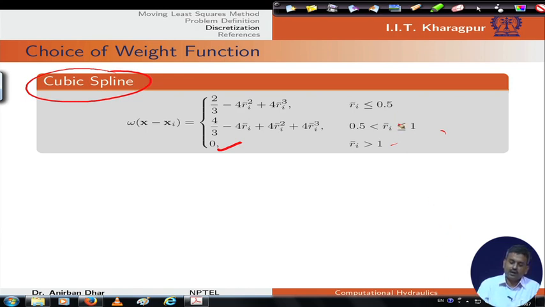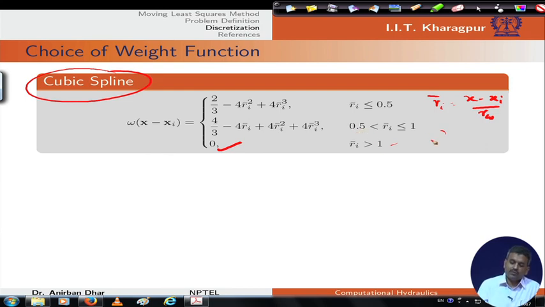Ri bar equals to x minus xi by Rw, this is normalized one, radius starting from 0 to 1.